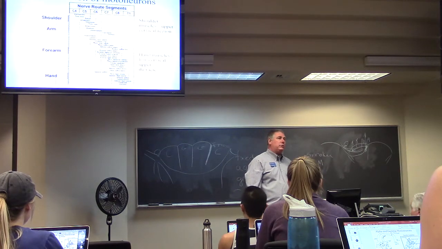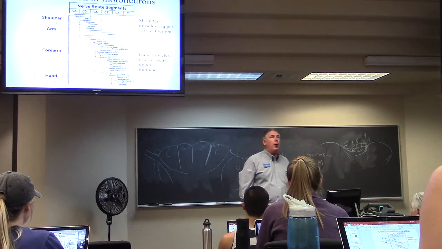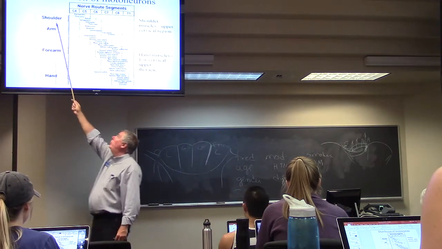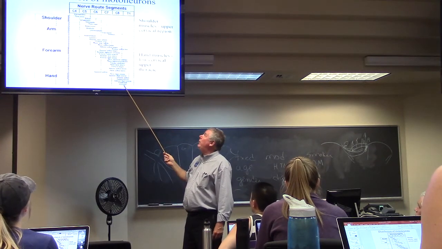If we take the segments of spinal cord and start up here in the upper cervical region, that's where you're going to get the shoulder. And you see, as we go down to the fingertips, that's where we get to T1.